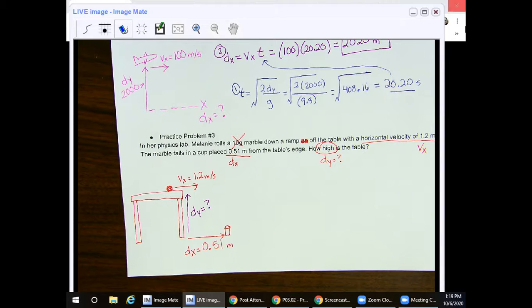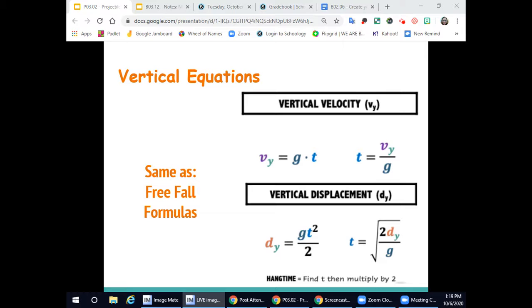All right, so looking back at our formulas, which formula is going to help you solve for dy? Yes, vertical displacement, dy equals g t squared over 2. But again, what problem do we have? We don't have time.